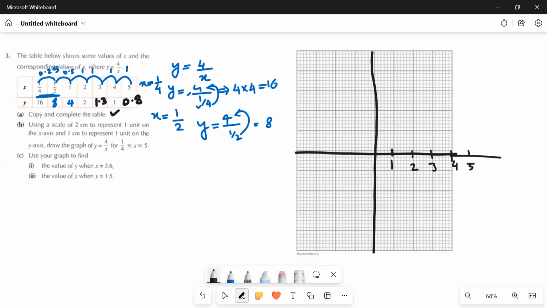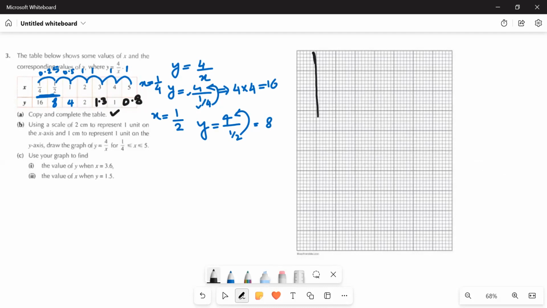All the function values are positive, so it is better to take it here. Wait, because all values are positive. 1.3, and also on the right side. So I am starting from here, 1, 2, 3, 4, 5.